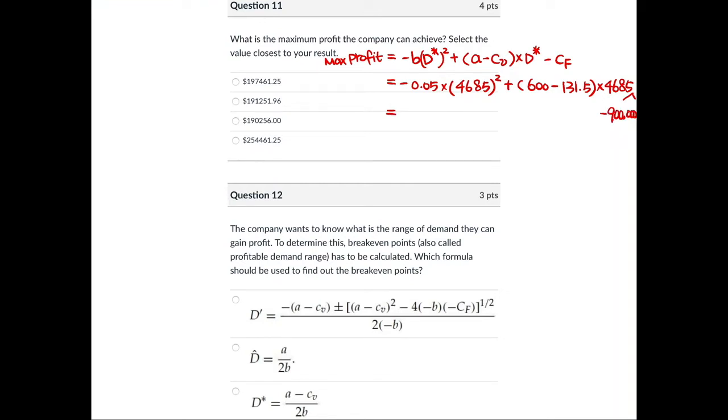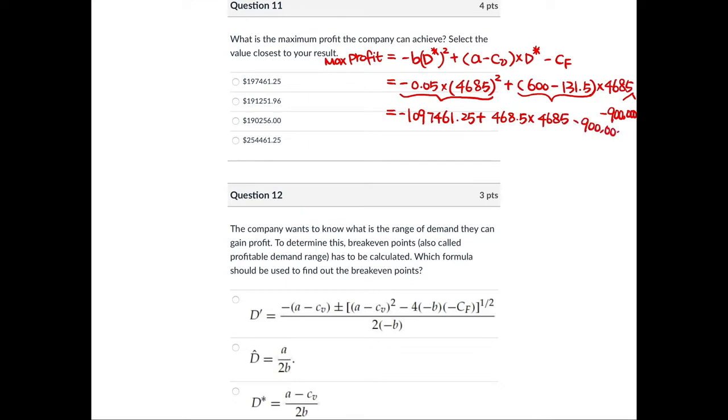So this term you will get minus 109,746 1.25. And then this you will have 468.5 times 4685.